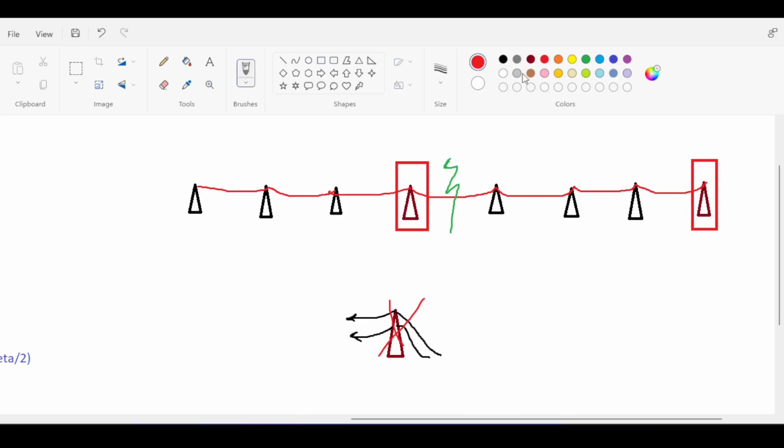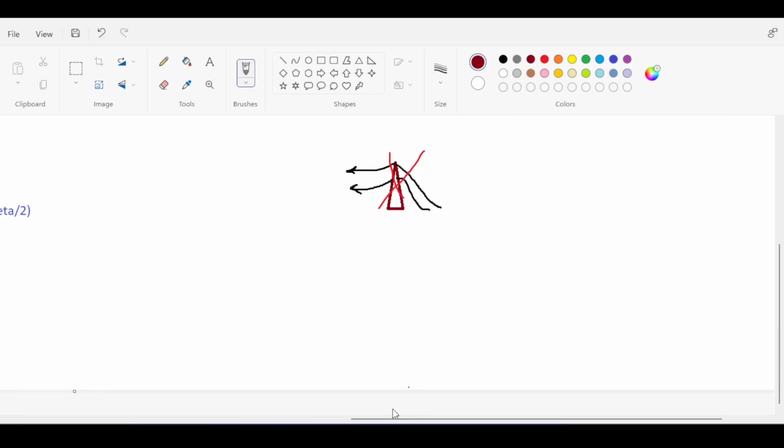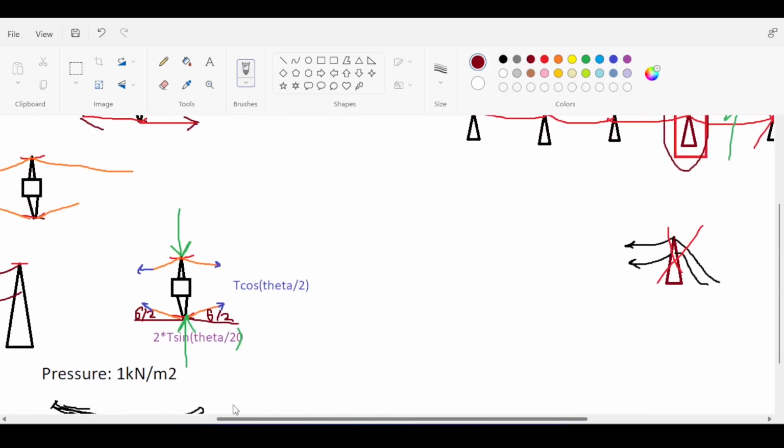So for example, if something catastrophic happens to this one, then it might be economically cheaper to allow those two to fail and stop the rest of the network from failing by designing those two towers to act as failure containment towers. Now, if you have failure containment towers, then the load on the tower, especially the tension in the cable, is going to be from one side, and you have to design this tower for one side.